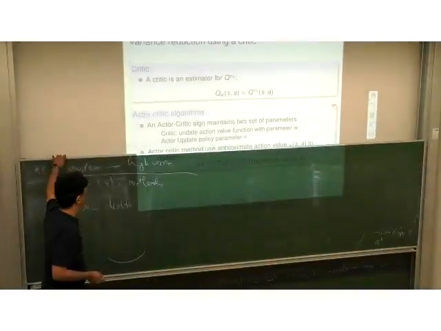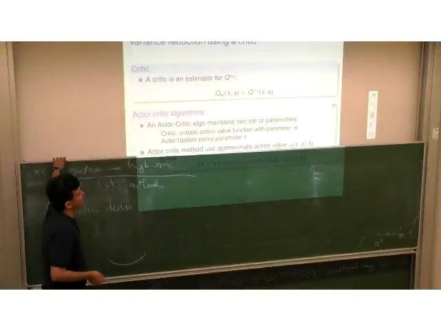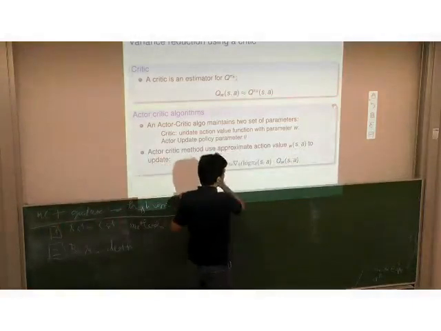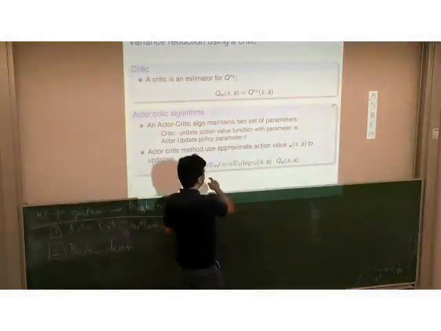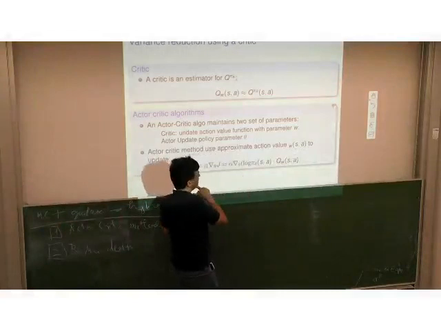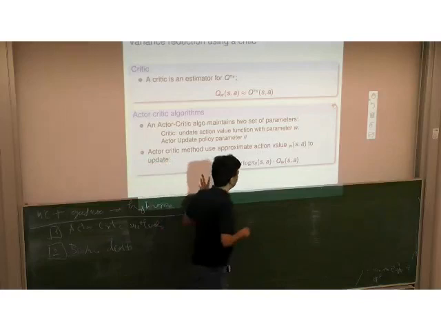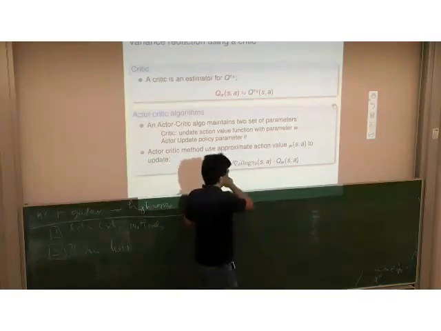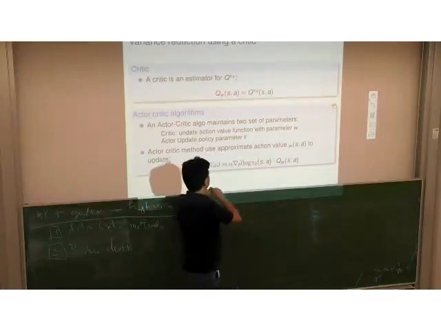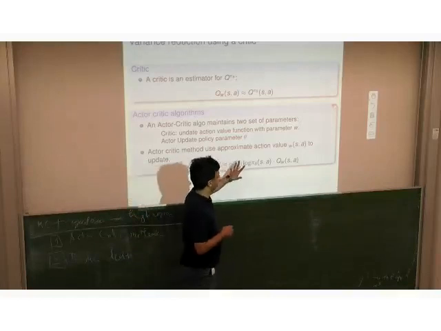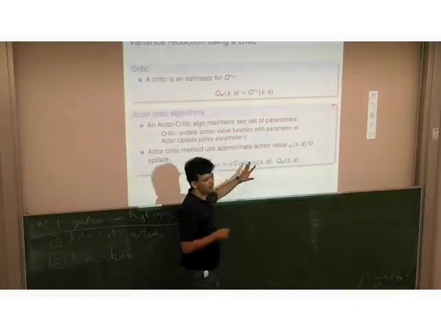There are two things that can go wrong here. One thing that can go wrong is that I'm looking for this formula to represent the true update, the true estimate of the gradient.